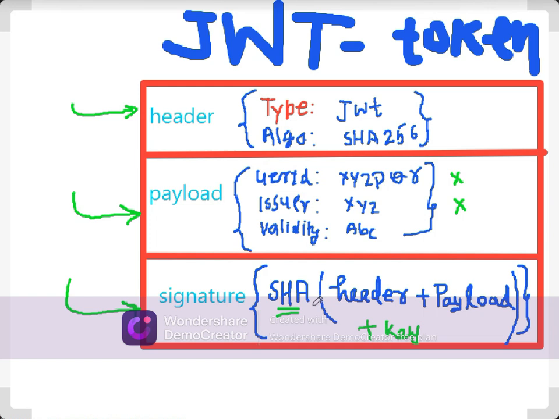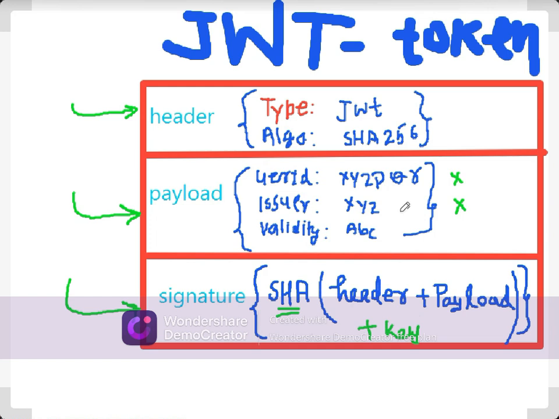For that reason, this client key is stored on the server side, so the attacker doesn't have this key. Even when they try to make the signature after making some change, the signature generated at the server side would be different. This helps protect the system from this kind of attack.